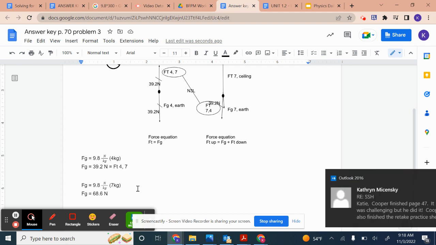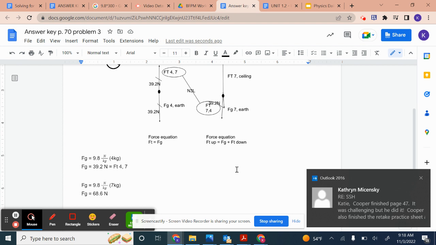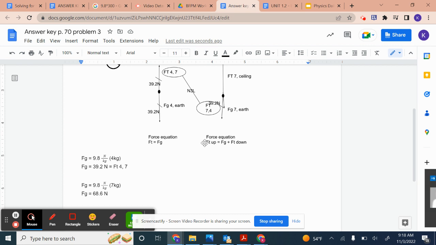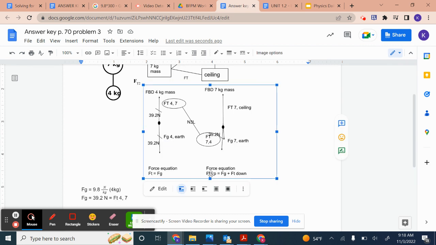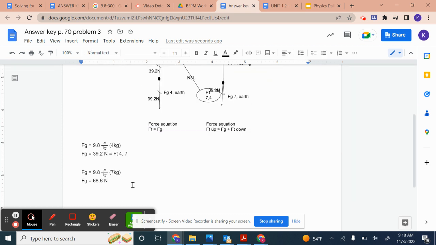From there, I'm going to use my force equation. I have Ft by the ceiling equals Fg plus Ft on the 7 by the 4, which I already know.